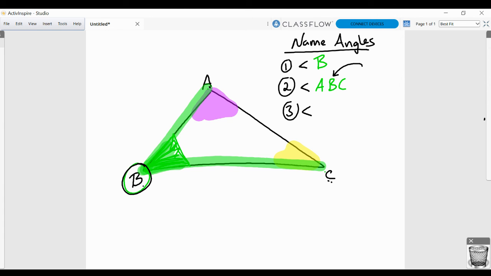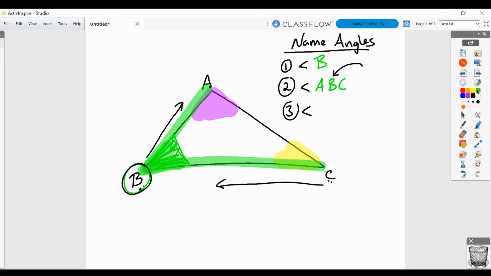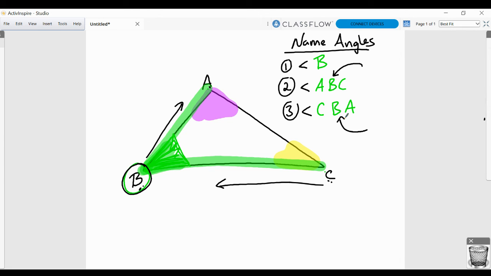We can start at C and go this way to letter B and then go this way to letter A. So we could also name this as angle CBA. But notice again that B was in the middle of that name.